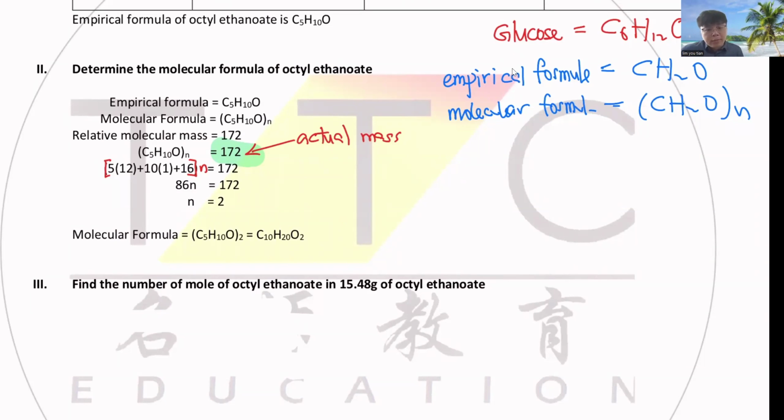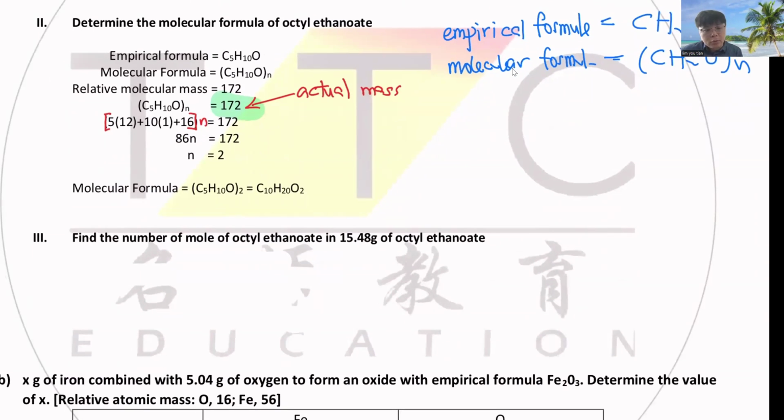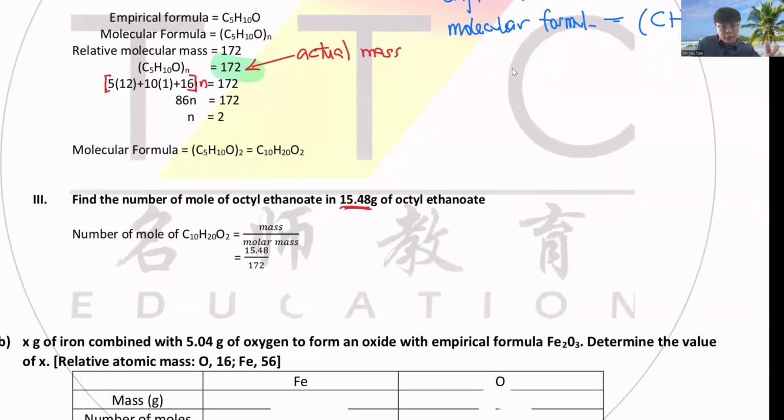Okay. So after that, similarly, they start to ask you to convert. How many moles do you have in here? Although all the questions behind it will be simple. You have the molar mass is 172, then they want you to convert 15.48 into moles.